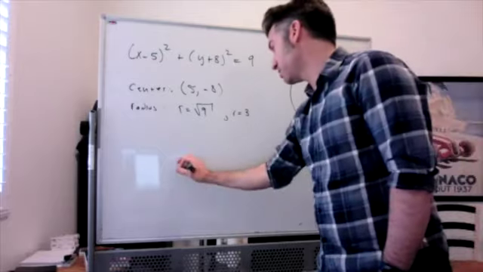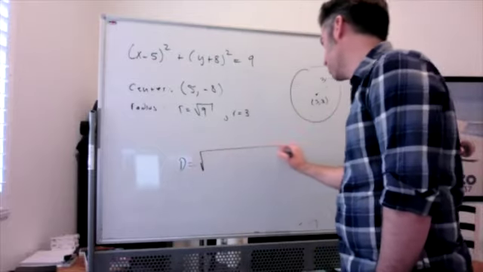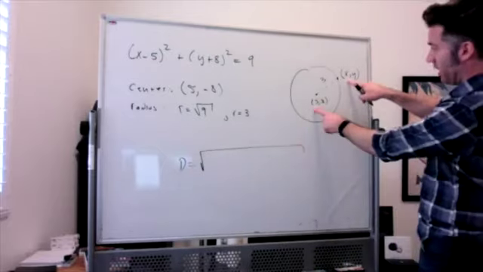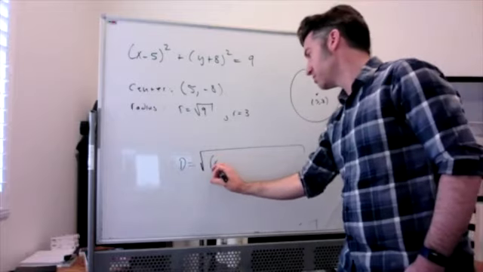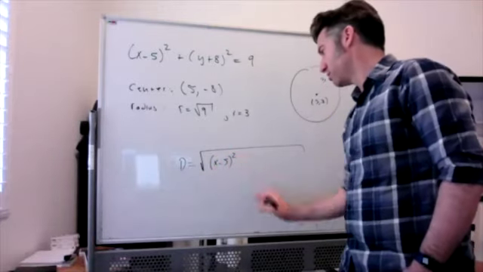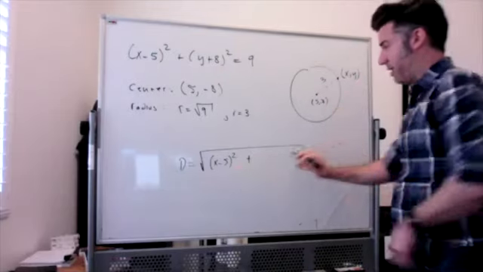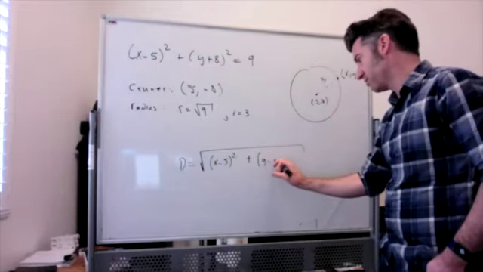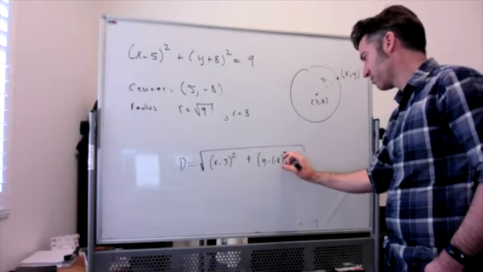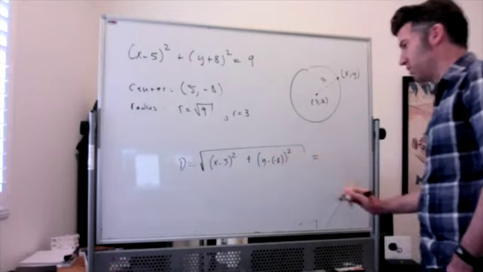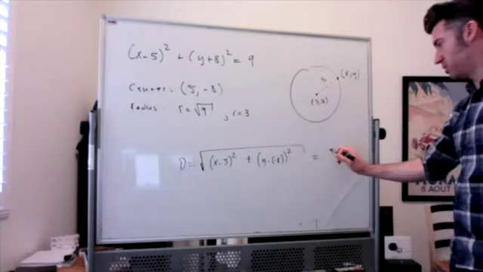And the distance is the square root of the difference in the x's squared plus the difference in the y's squared, so y minus -8. And it's equal to the distance, which is 3.